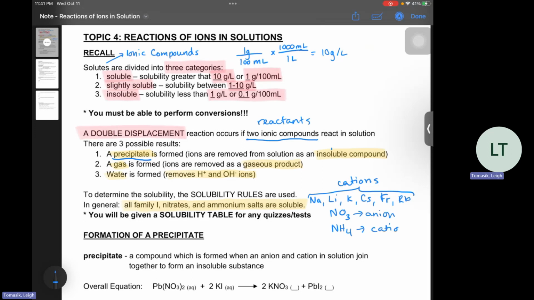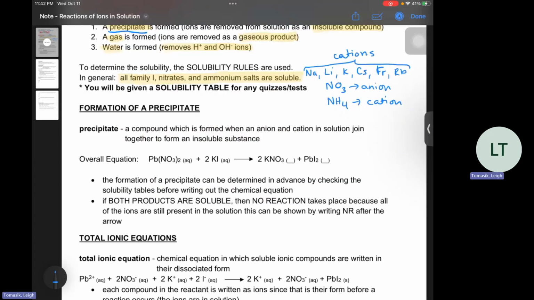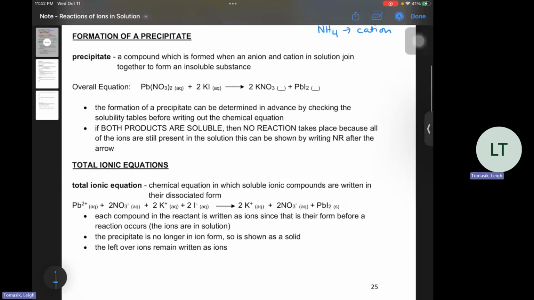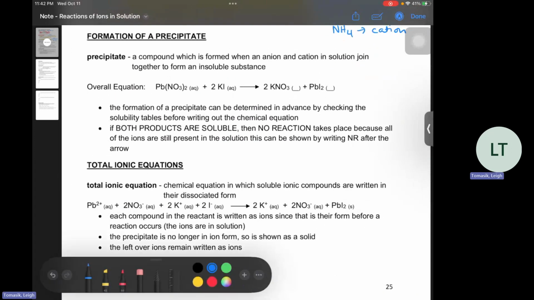So expect the group 1 elements and ammonium to be at the beginning, and expect nitrate to be at the end. I will never expect you to memorize the solubility rules. They'll be on your exam. Don't worry about it.